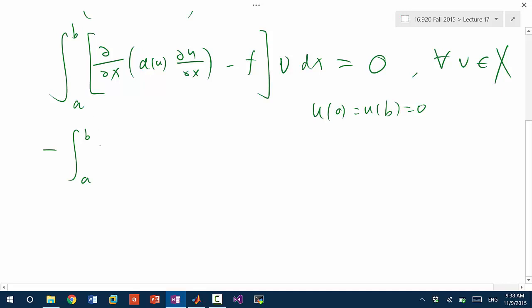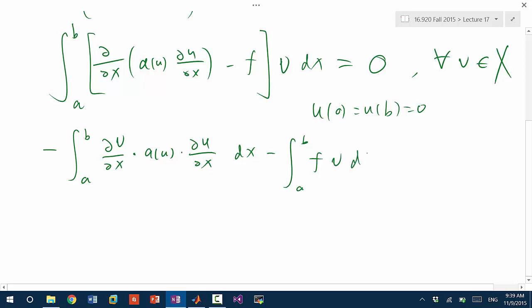Then through integration by parts, we get the partial derivative of v multiplied with a of u multiplied with the derivative of u, dx. So that's from the first term, and the second term we just copy.